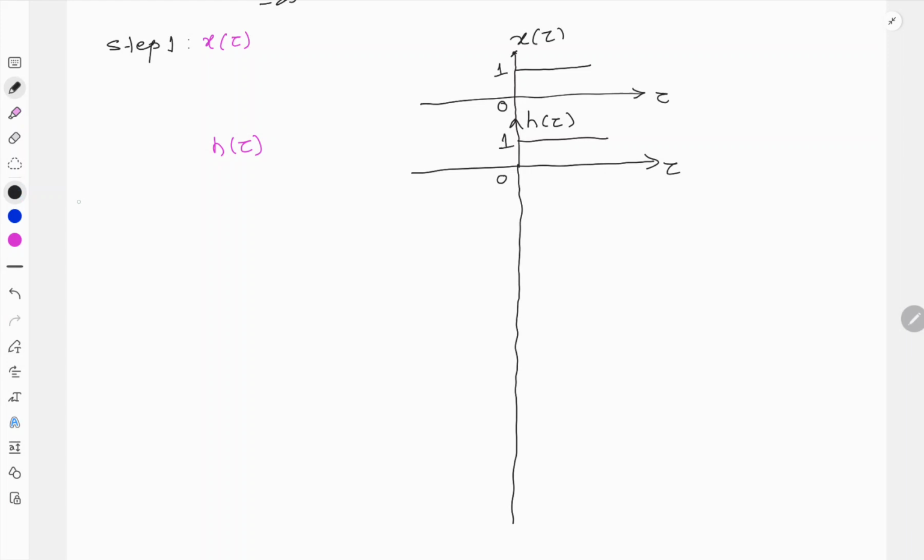In step 2, we need to have the h of t minus tau signal. Therefore, here we have two operations. One is folding and the second is shifting. So first we are going to find the folded signal, which is h of minus tau.